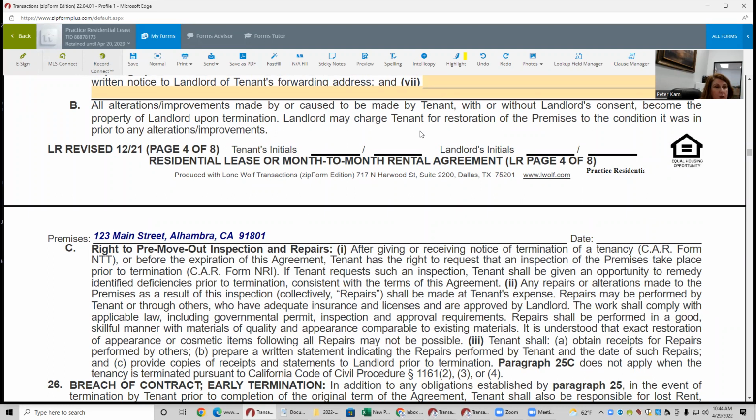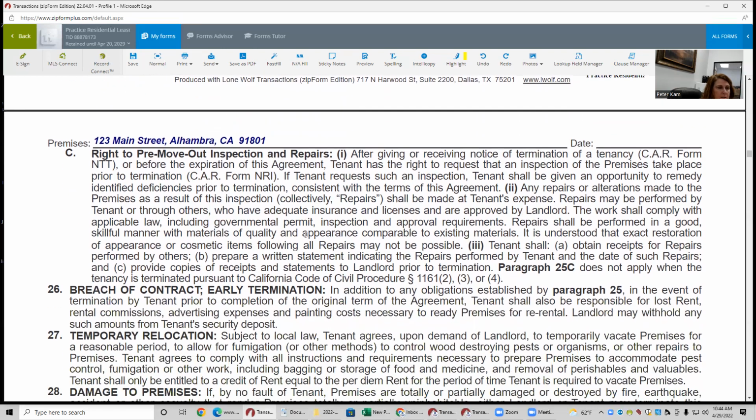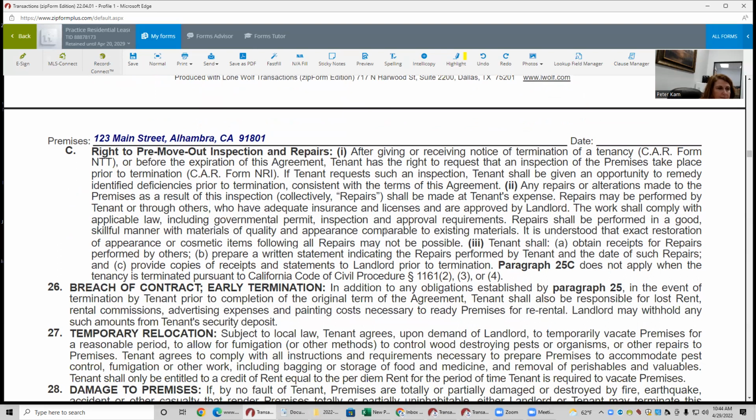Or the landlord may charge the tenant for restoration of the premises to the condition it was delivered to them prior to any alterations or improvement. Again, this goes back to the tenant getting permission from the landlord to make any alterations and improvements. So it's best for them to do that.